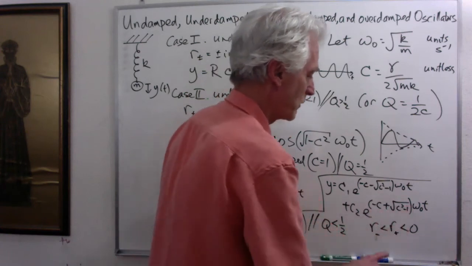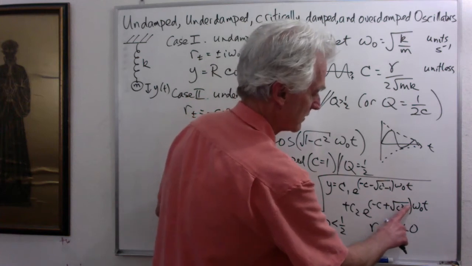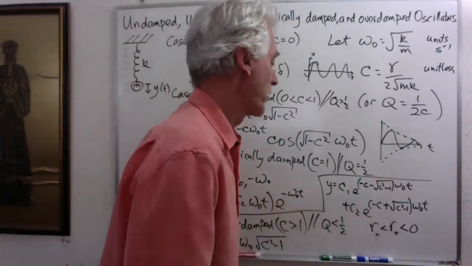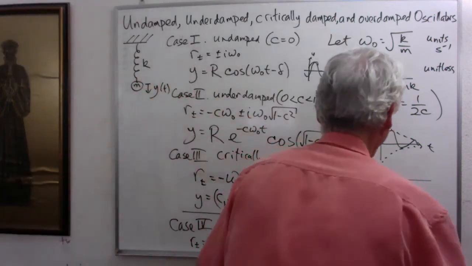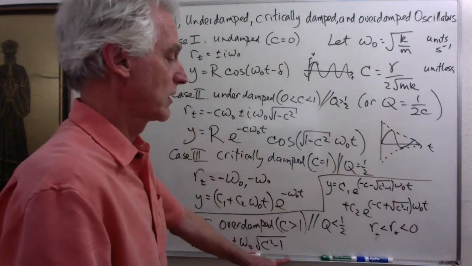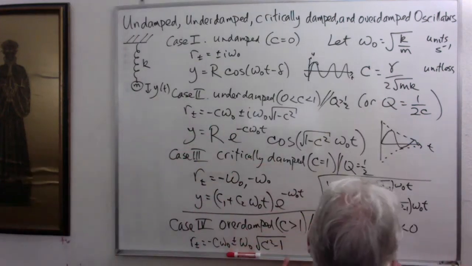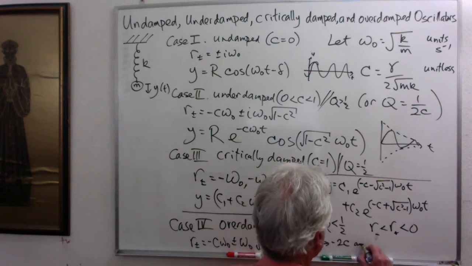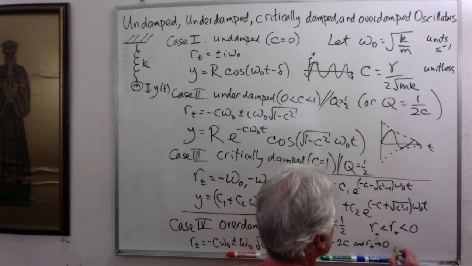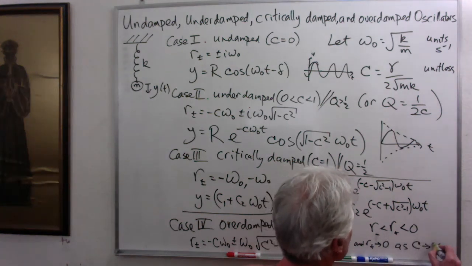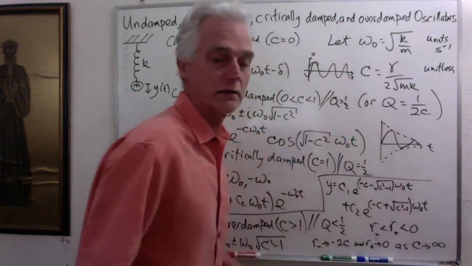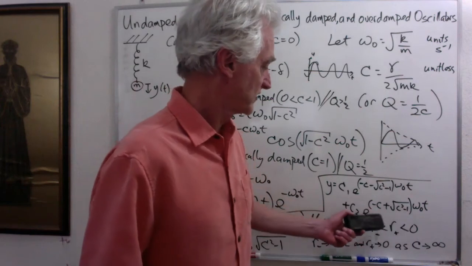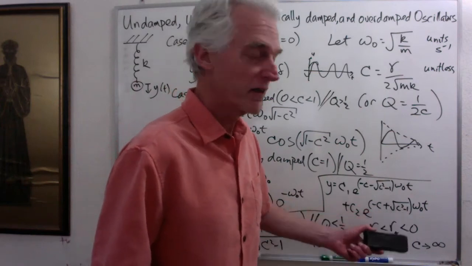Because if that minus 1 wasn't there, that would be C. But now this is a little bit less than C with the minus 1 there. But you notice that R minus is approximately minus 2C, and R plus goes to 0 as C goes to infinity. All right, so that's kind of an important thing here, that one of these roots, the second one here, is actually going to 0.